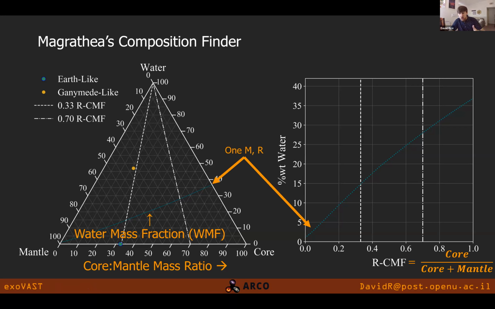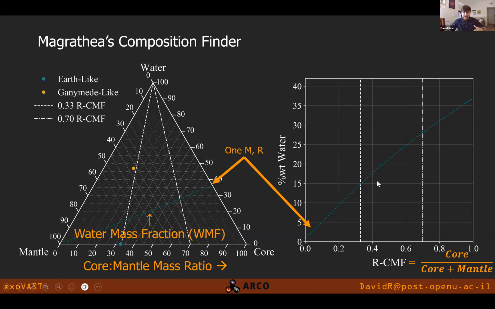And then the refractory core mass fraction gives you your core and your mantle masses. And then you shoot for the water mass fraction that you need to match the radii. So all the planets along the blue line here have the same mass and radii. You can see down here at low, when you have no core and just mantle, you need very little water for this planet. And then as the core increases, you need more water to make up for that higher density core.